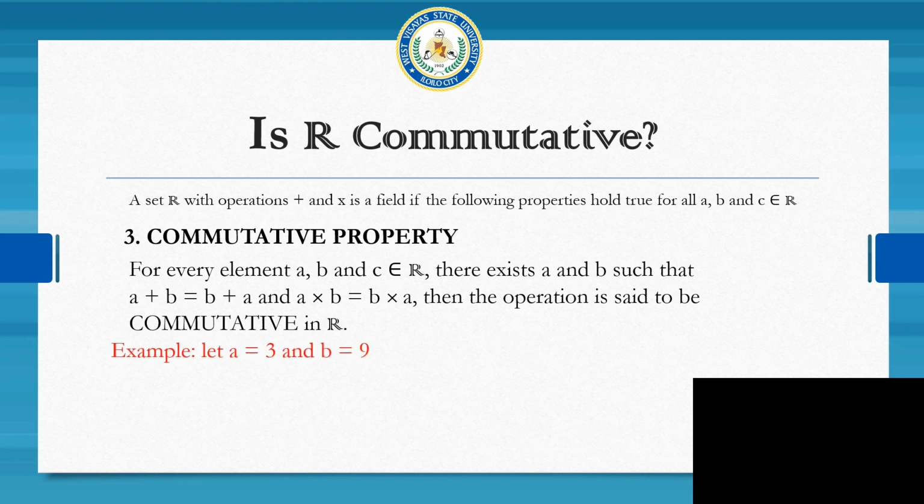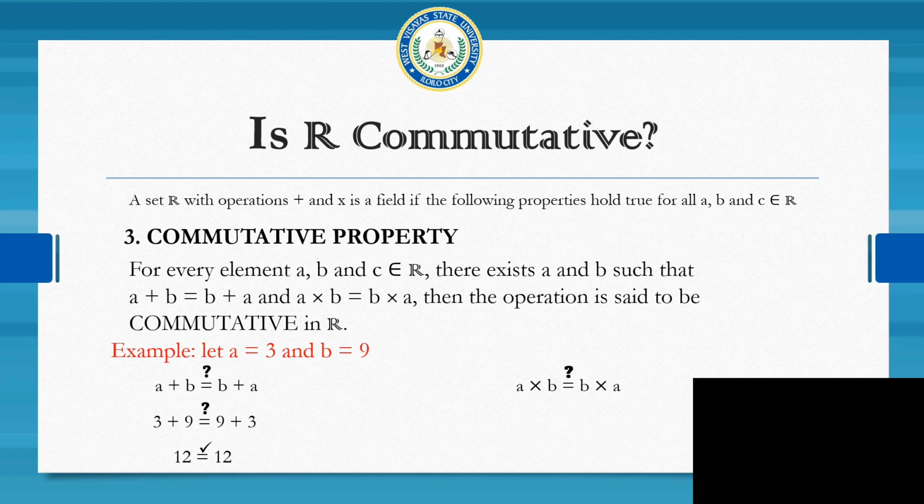For example, if we let A equals 3 and B equals 9, then A plus B equals B plus A. Substituting the values, we have 3 plus 9 equals 9 plus 3. Solving, we have 12 equals 12. Therefore, the set of real numbers is commutative under addition.